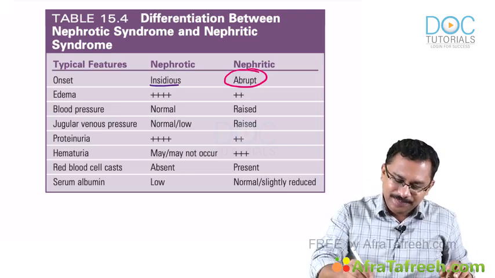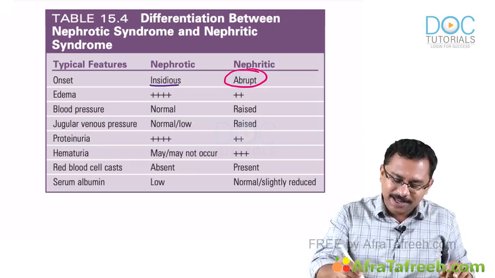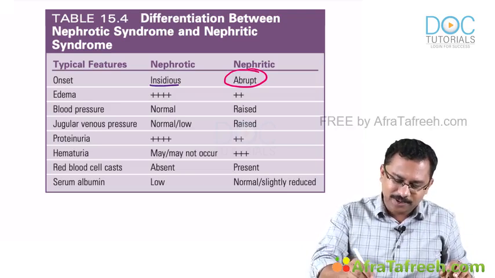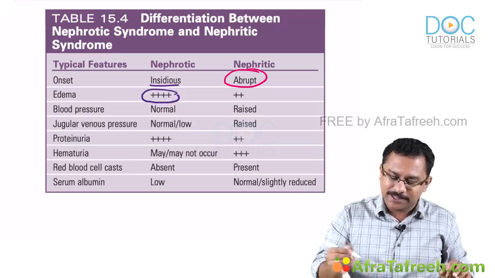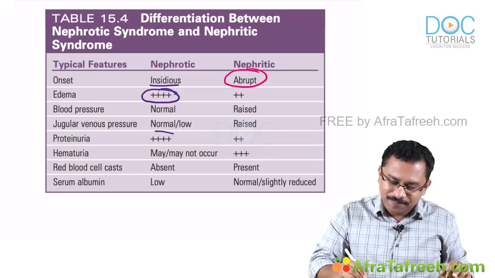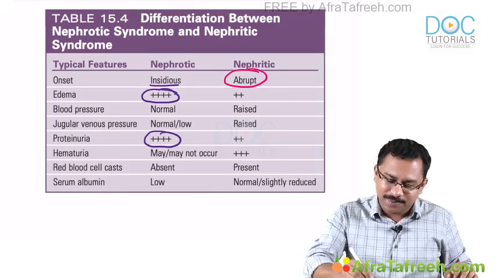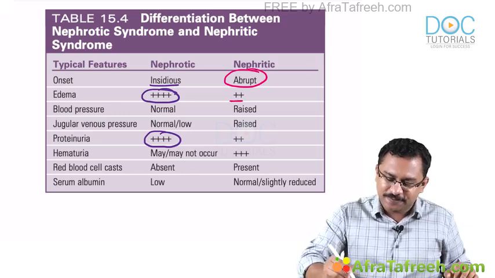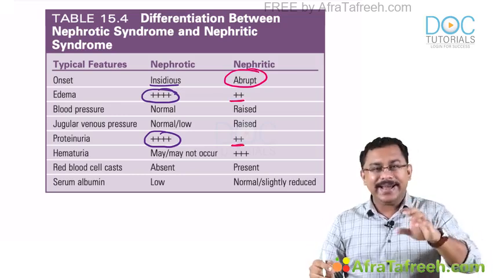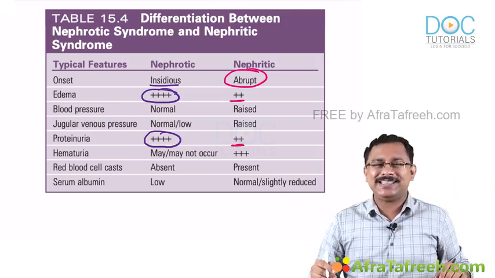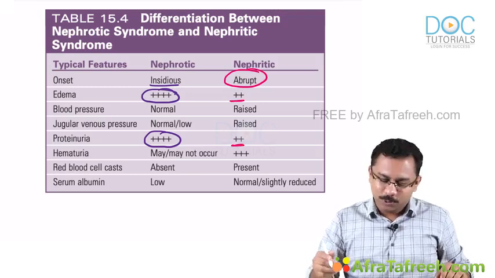Okay, and the other point is that the edema and the proteinuria are very, very important. You know that in case of nephrotic syndrome, there is significant nephrotic range proteinuria and significant edema, whereas in case of your nephritic picture, it can be there but not as severe as in nephrotic syndrome.